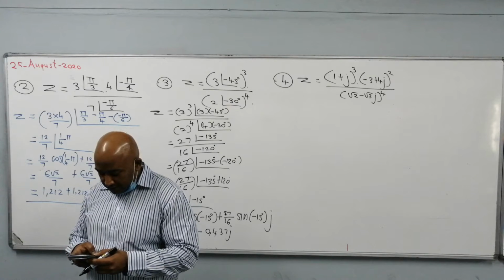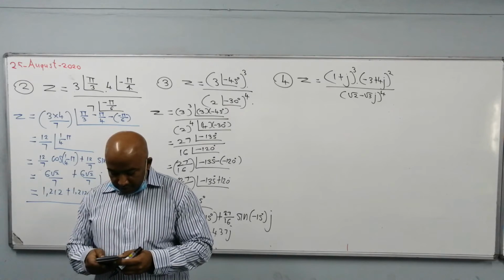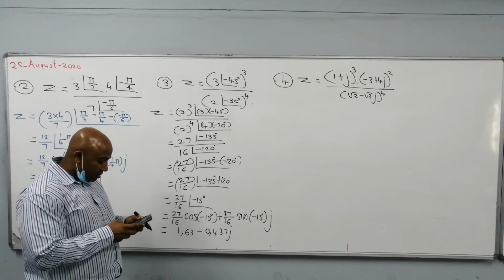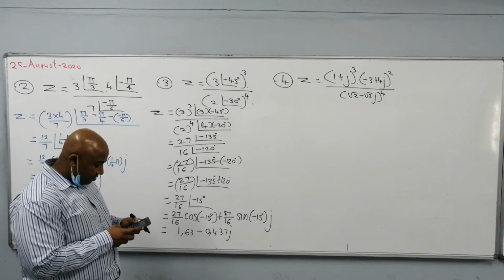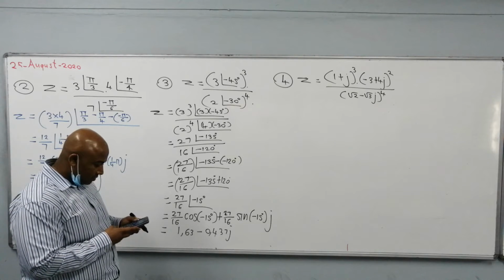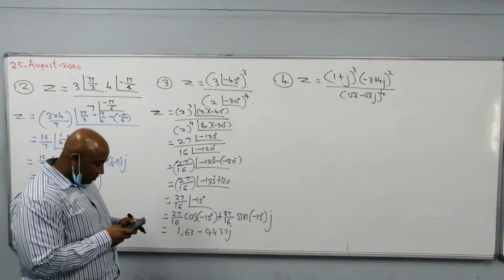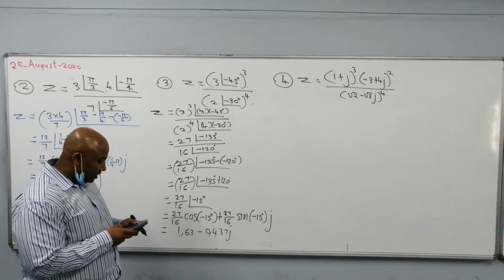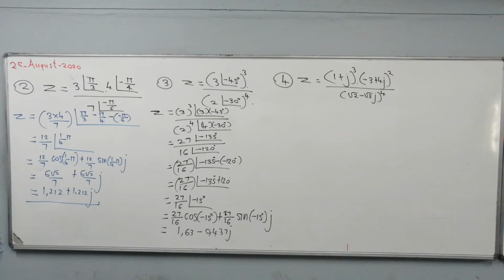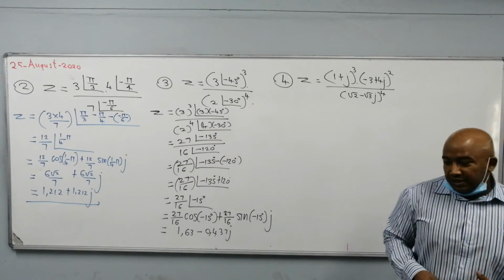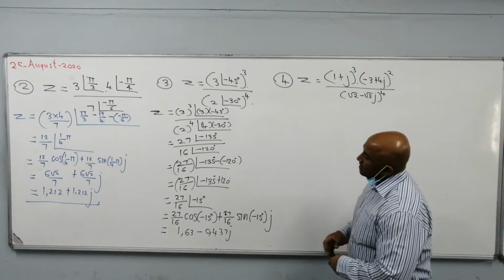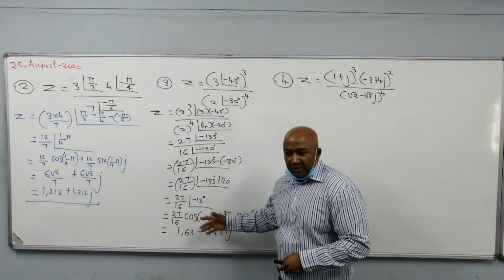Let me just redo this. 27 over 16 sine of minus 15, minus 0,437 here. Alright, so that was dealing with the exponents.